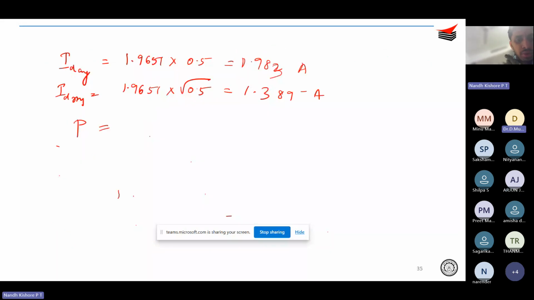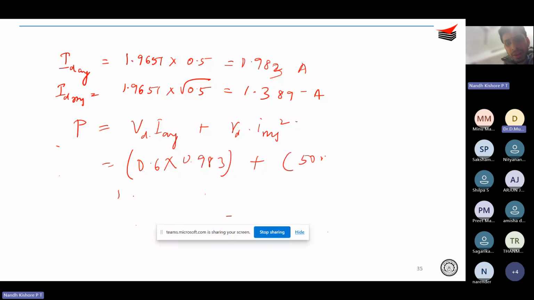So P is equal to VD into I average plus RD into IRMS square. Okay. So VD is 0.6 into I average is 0.983 plus RD is 50 milliohms into IRMS is 1.389 whole square. So how much does it turn out to be?